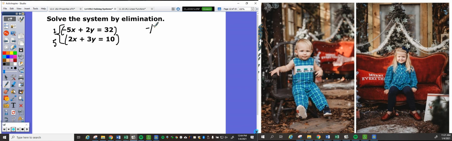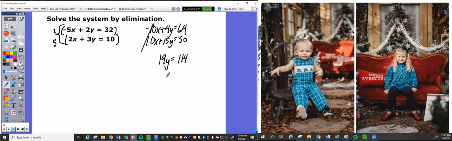So we have negative 10x plus 4y equals 64. And we have 10x plus 15y equals 50. So these eliminate. We have 19y equals 114.